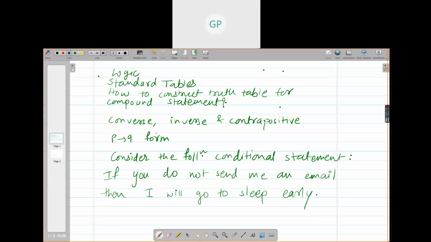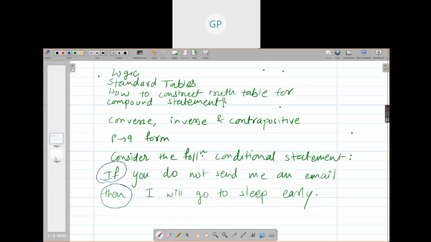Answer my question. Girls, do you hear me? Yes, ma'am. So is it a compound statement? Yes, we are using the connective if and then, right?